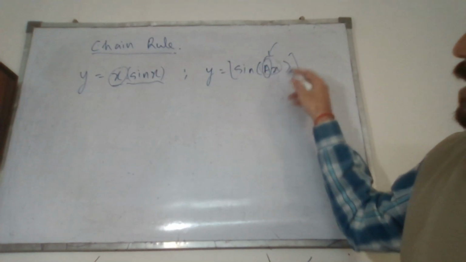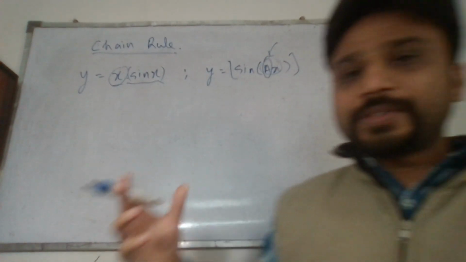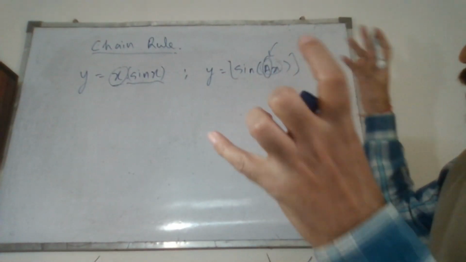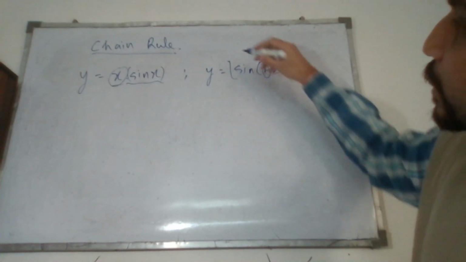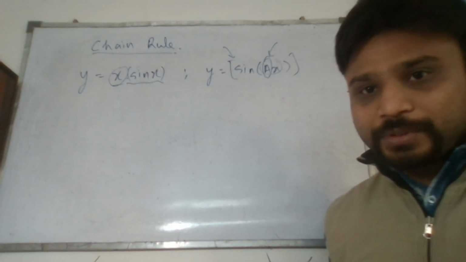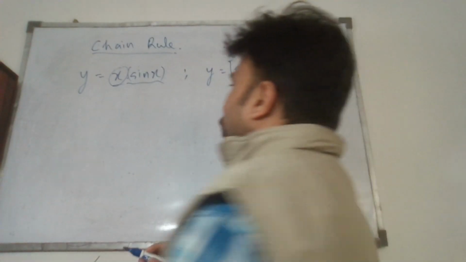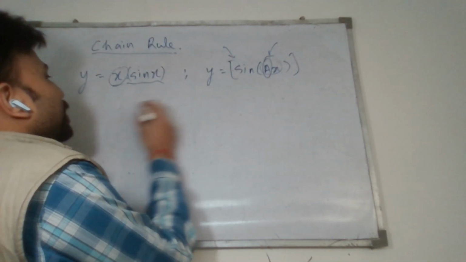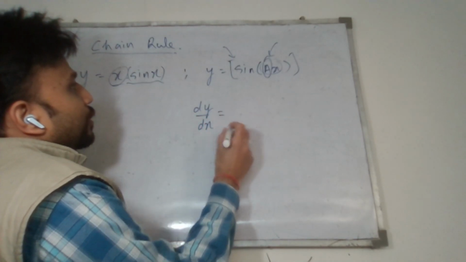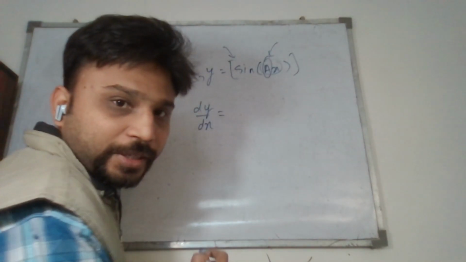So sine ax, first we say what is the outside inside rule, right? So when we're going from outside to the inside, first thing which we see is sine. So first we'll differentiate that. Let me write. Let's say I want to write what is dy by dx for this term, y, right?